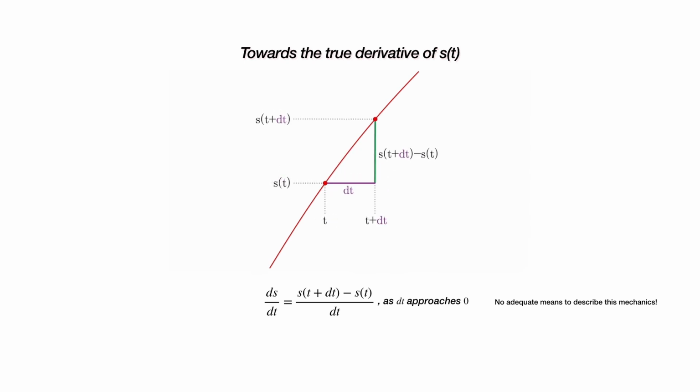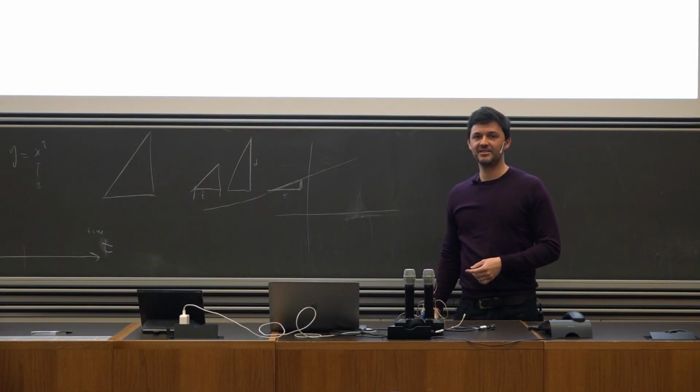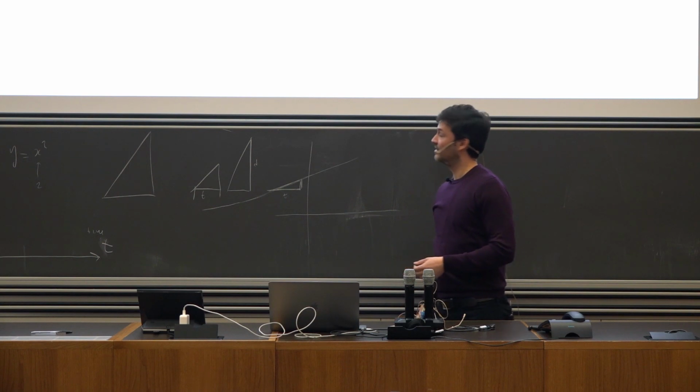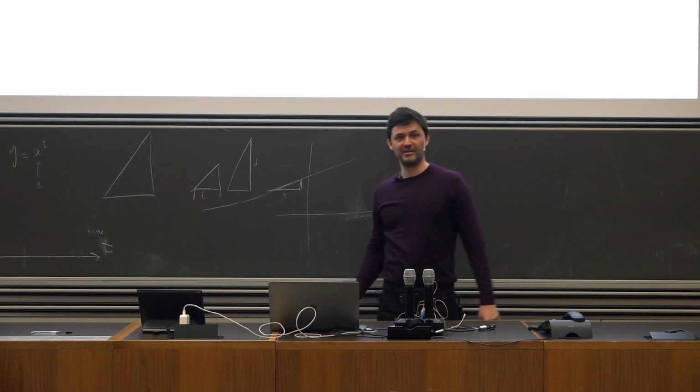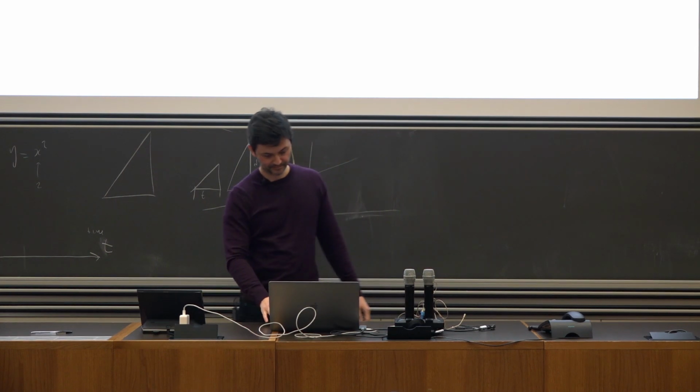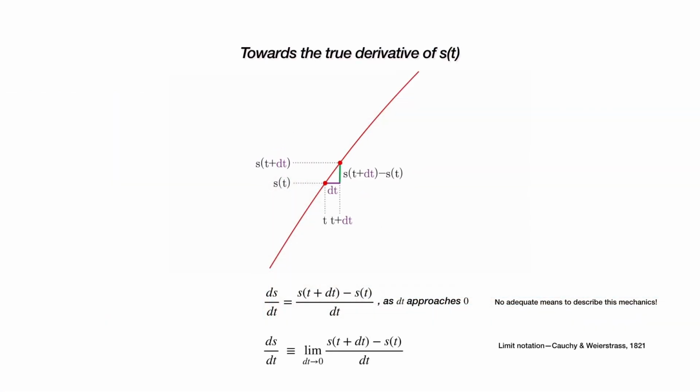You have an intuition. But the problem with mathematicians is, a mathematician would instantly ask you, what does it mean to approach 0? Tell me what does approach mean in mathematics, yeah? And the precise definition of this idea of approaching something was defined in 1821 by Cauchy and Weierstrass, and this introduces a concept called a limit, yeah?